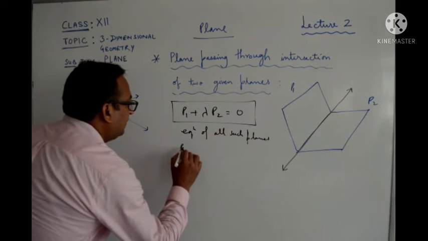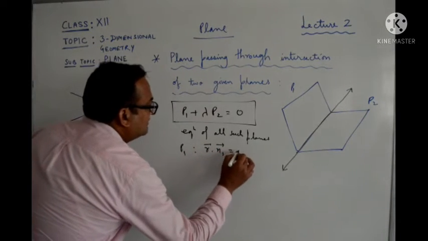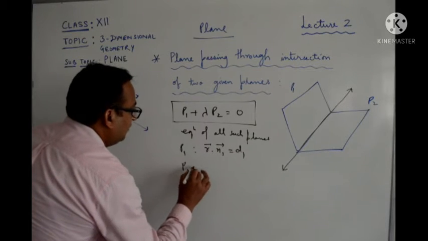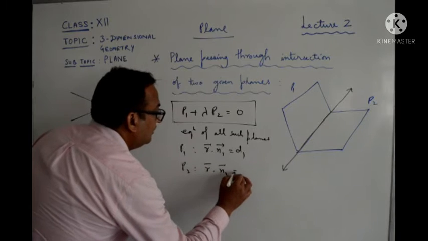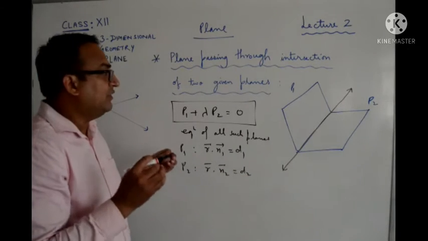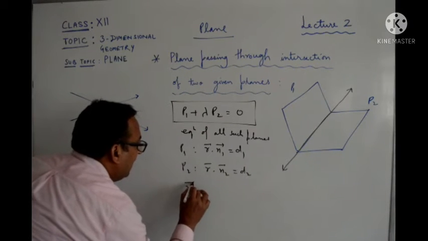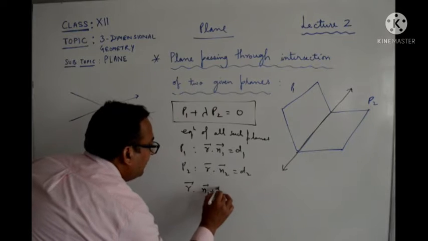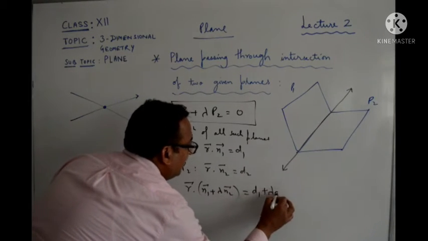So if the equation of plane P1 in vector form is r dot n1 equal to d1, and the equation of plane 2 in vector form is r dot n2 equal to d2, then the equation of a plane through the intersection of these two planes will be r dot (n1 plus lambda n2) equal to d1 plus lambda d2.